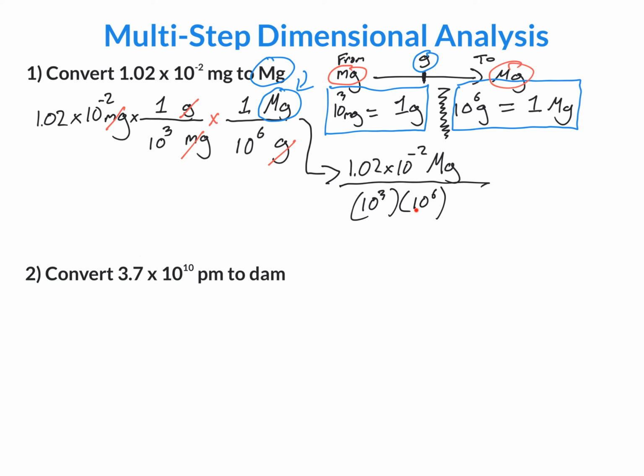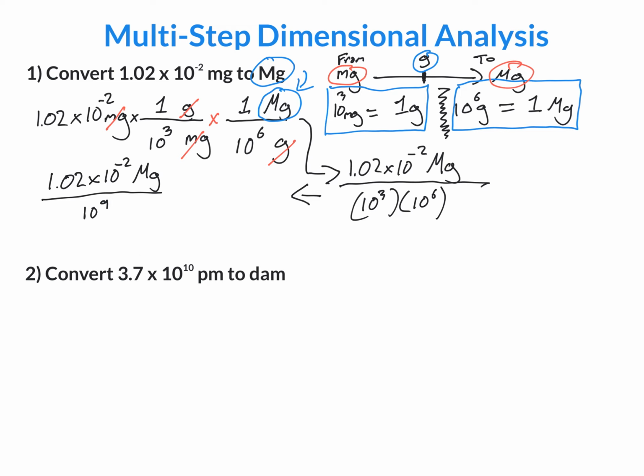The front numbers are both 1, so we can ignore that, and all we really need to do is add up our exponents, because this is multiplication. So what's 3 plus 6? Well, that's 9. So let's simplify this even further over here to the left. We have 1.02 times 10 to the negative 2 megagrams over 10 to the 9.